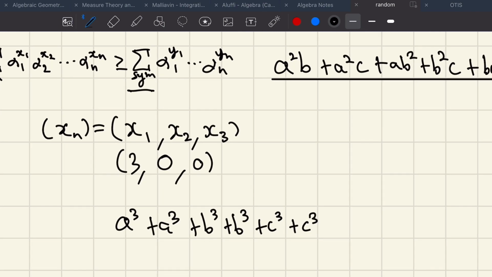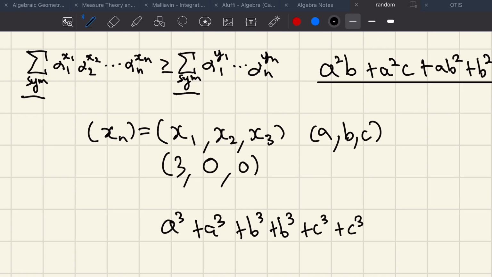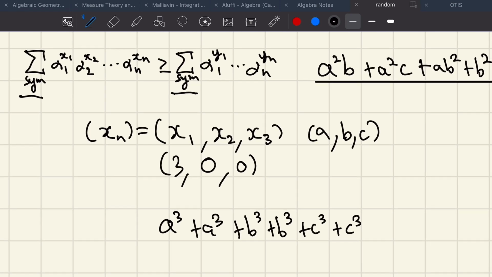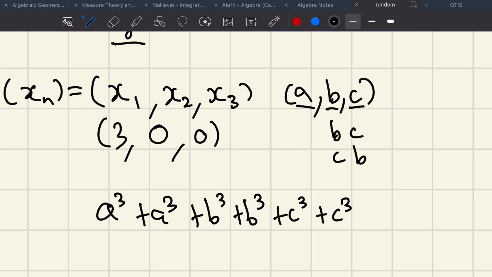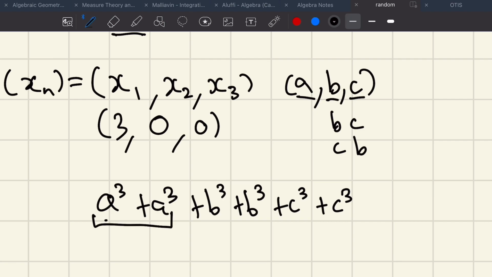Why? Well, notice that if we take A, B, C, the symmetric sum is just the sum of all permutations of these numbers in place of the alphas. So let's fix A as alpha 1. Then B and C can be in the position BC or CB, which is why there are going to be two A's.